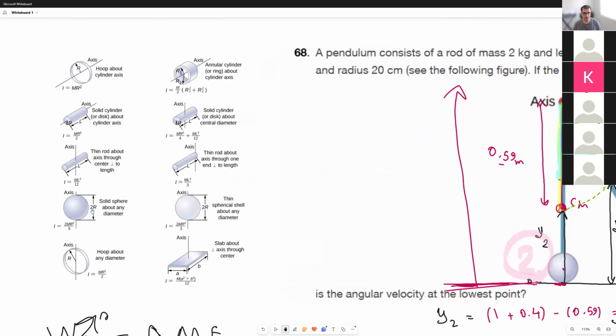This is here. What is the difference between this solid sphere and this one? These two pictures. Why should we use this? Why not this?